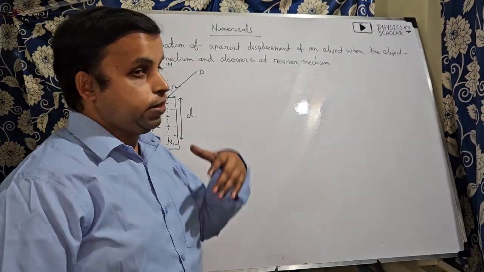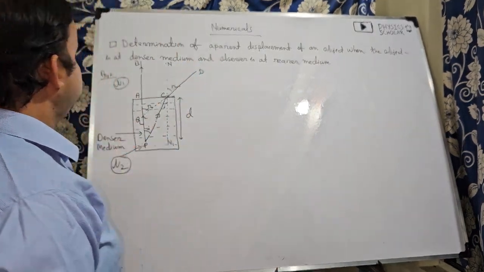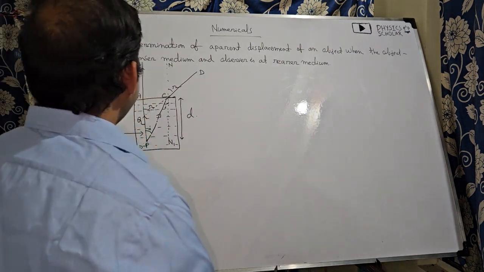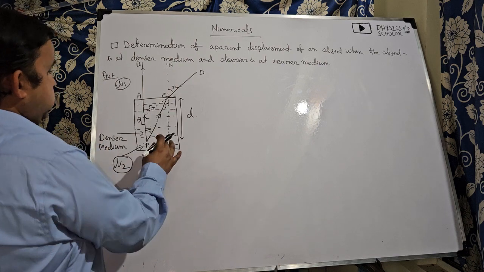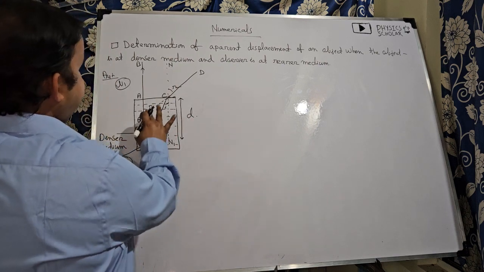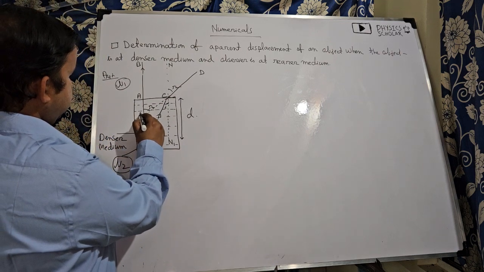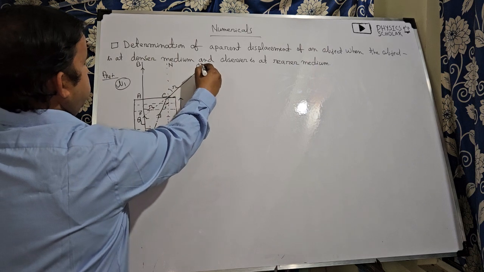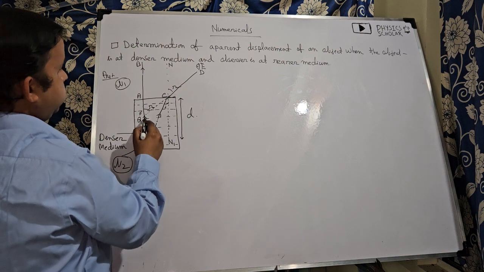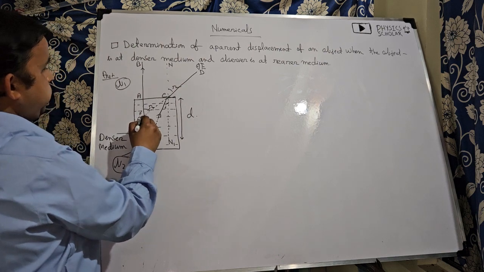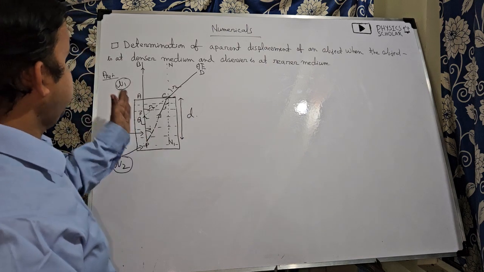After that, numerical sums, we will do many sums, many problems we will solve. So before moving to the next numericals, we are determining the apparent displacement. Apparent displacement means if we are watching from here, we see the point P shifted upward at position Q, and we have to determine the value of PQ, the shift.